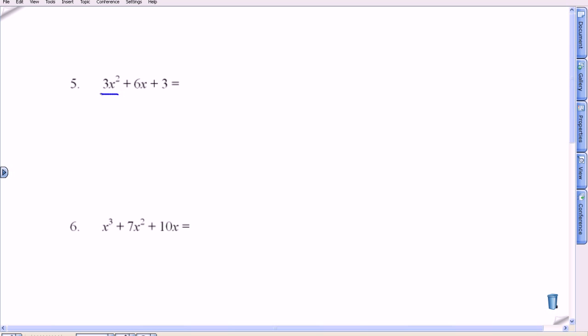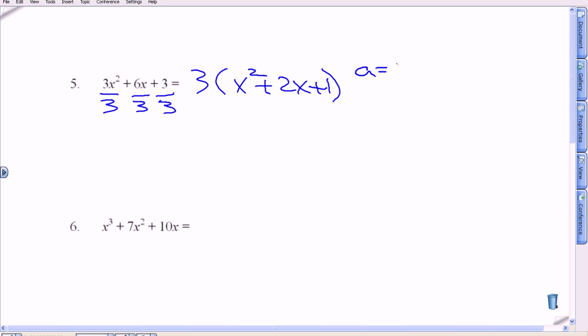Step 1, we're going to look for a GCF. That's 3. If I take 3 out, I'm left with x squared plus 2x plus 1. So I have a trinomial in my parentheses. I'm going to go to the trinomial factoring technique. I'll identify A, B, and C. I'll do my puzzle. Factors of AC that add up to B are 1 and 1.